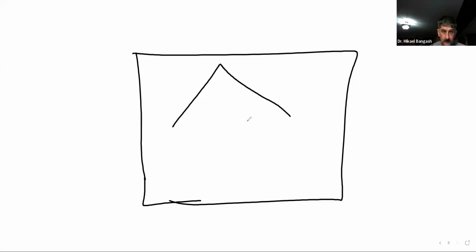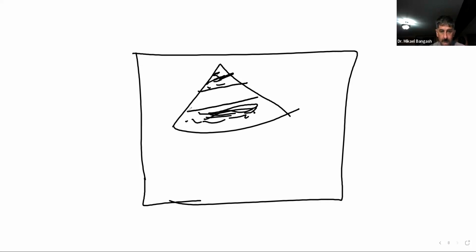You have your B mode image here, where you have structures. You will have a blood vessel in which the blood is flowing.